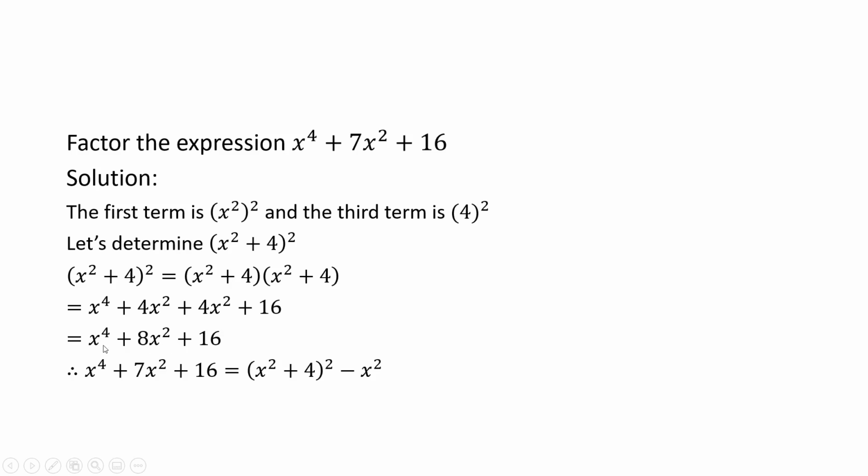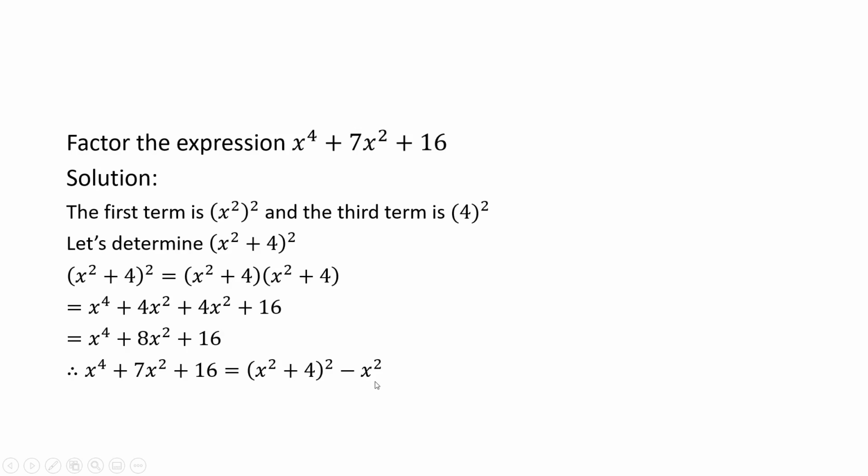We actually change it to x to the 4 plus 8x squared plus 16. And that is the same as saying x squared plus 4 quantity squared. But we added an extra x squared, so we have to subtract that at the end. So x to the 4 plus 7x squared plus 16 is really x squared plus 4 quantity squared minus that extra x squared.